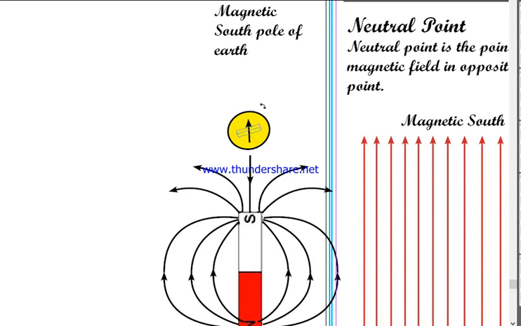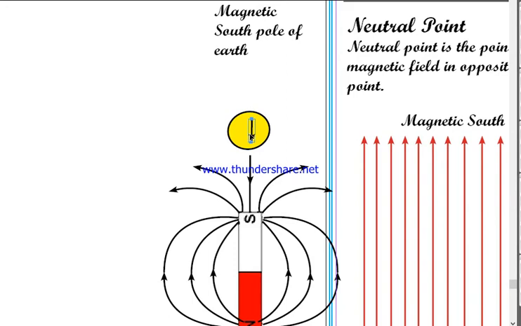The compass needle cannot show any particular direction. Sometimes it comes under the influence of the magnet, sometimes it comes under the influence of the earth, because at that particular point the magnetic field of the earth and the magnet are equal but opposite.